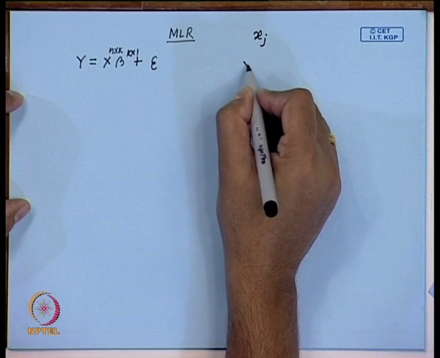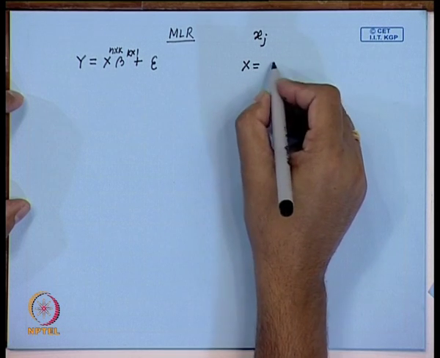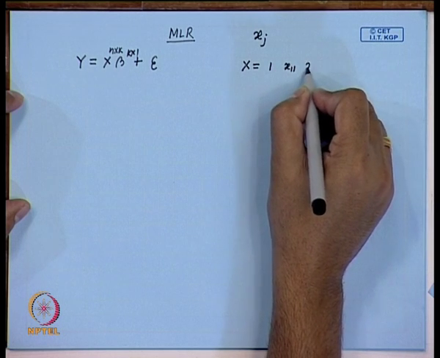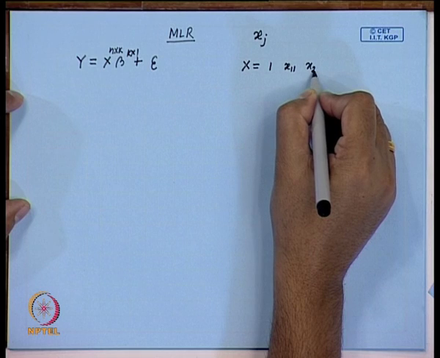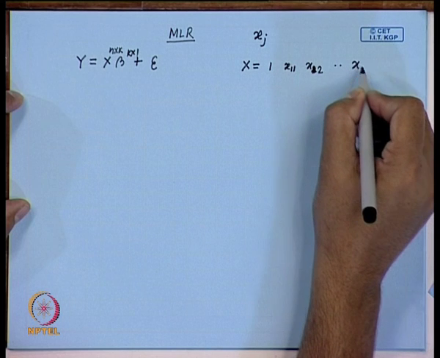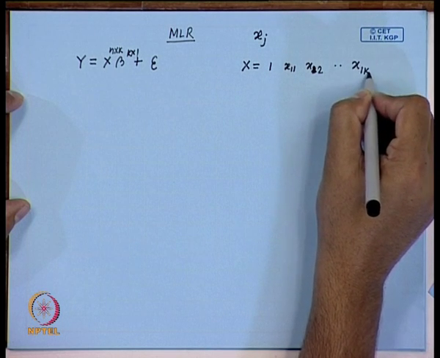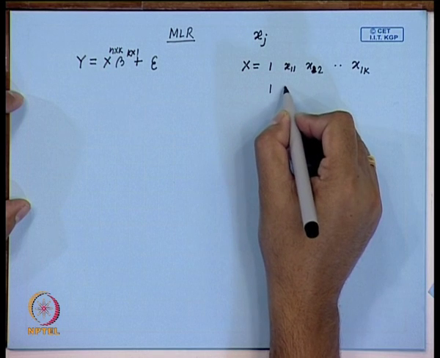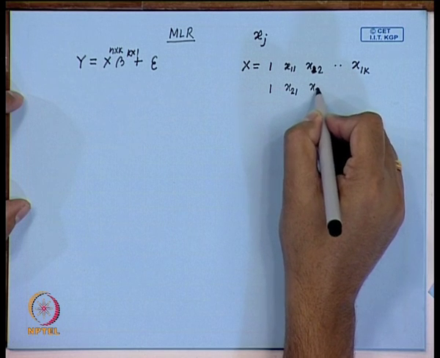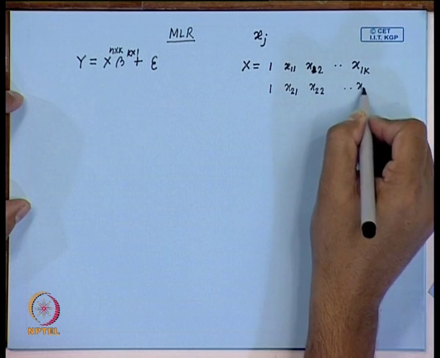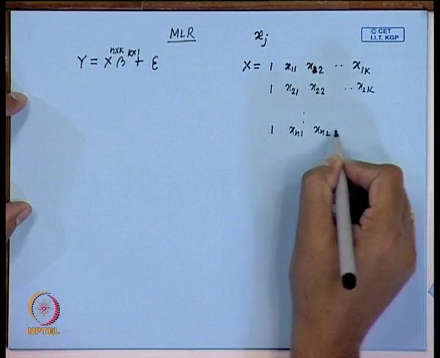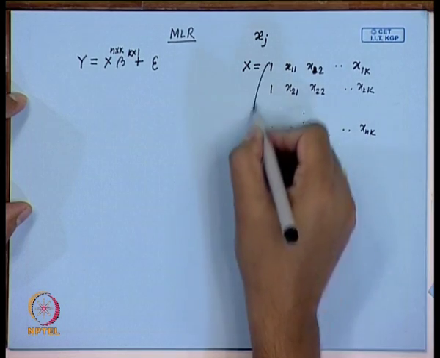What is this X? X is equal to the matrix with rows 1, x11, x12, up to x1k, and then 1, x21, x22, up to x2k, and so on, down to 1, xn1, xn2, up to xnk.